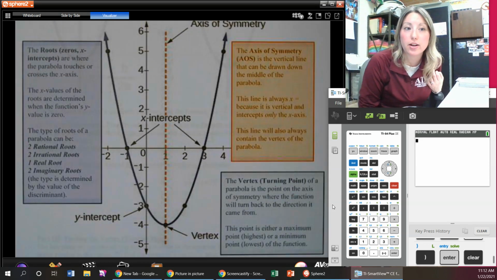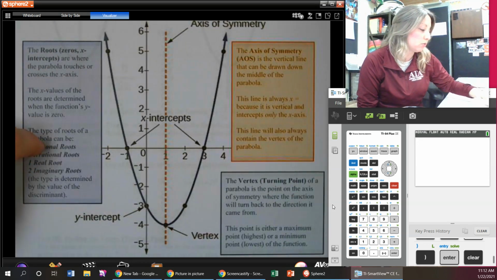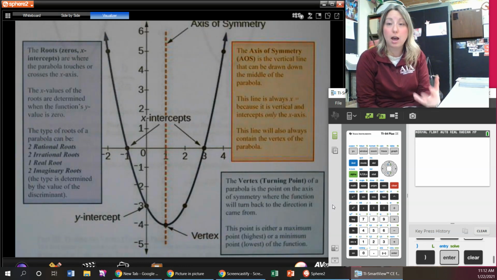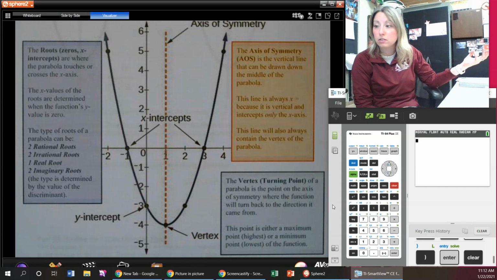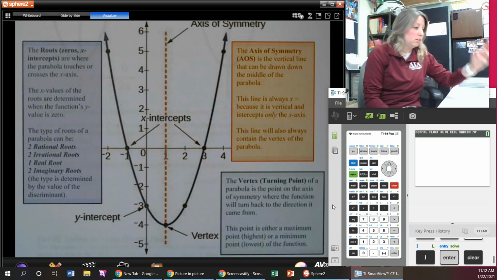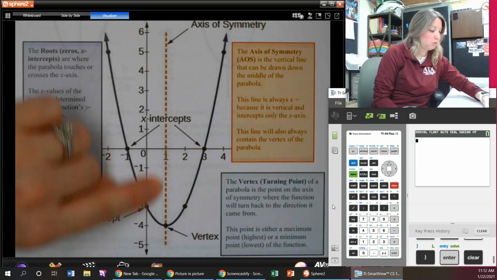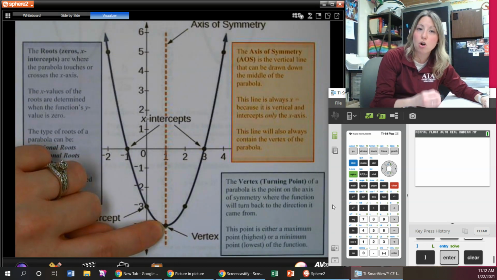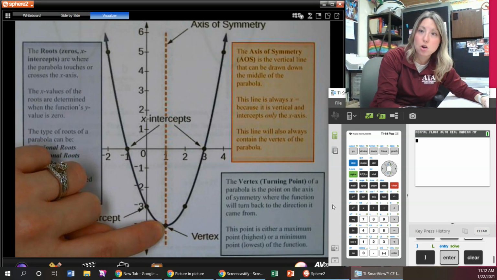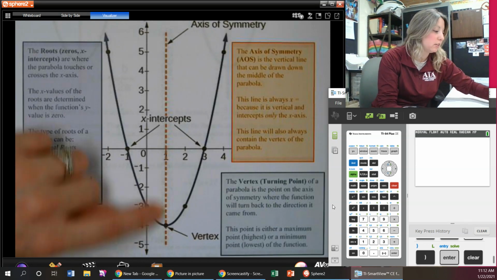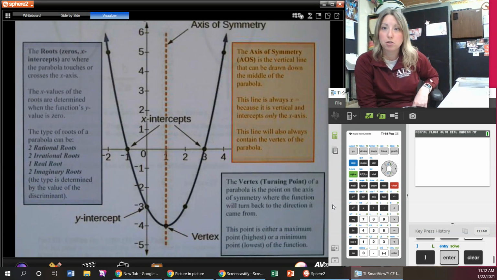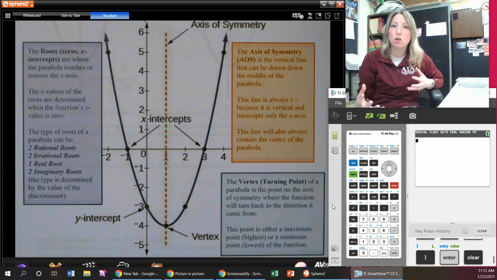That is the roots. The other two pieces, which you've discussed in the past, are the axis of symmetry, and the vertex is on the axis of symmetry. The vertex is always the point where the x value is the same as the x equals for the axis of symmetry. It's kind of neat how this all goes together.